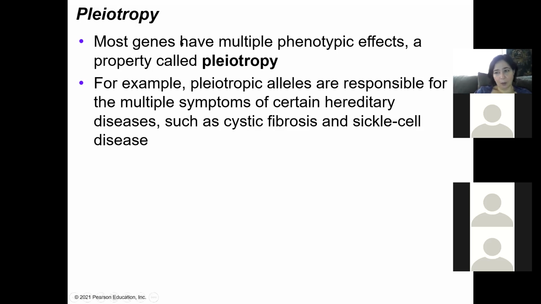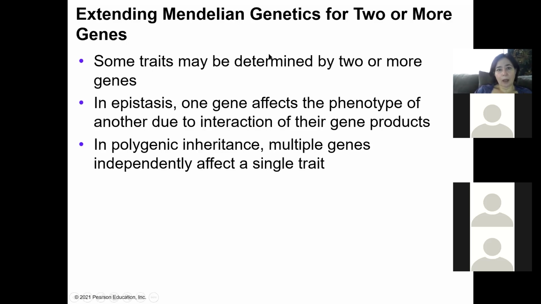So one allele, many traits. Or polygenic inheritance, exactly the opposite. That's when one trait is determined by many genes, right? Like height, eye color, skin color is a polygenic trait.